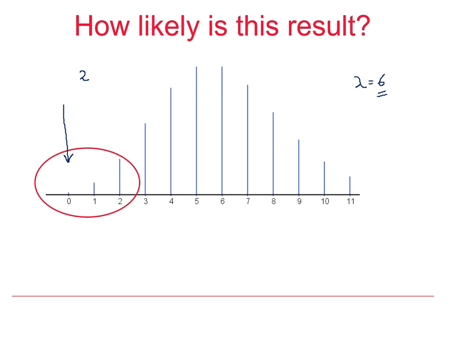And how likely is this result to happen? Is it less than 5% likely to happen, in which case we would doubt the null hypothesis, or is it a perfectly likely event to occur even if lambda was still 6?